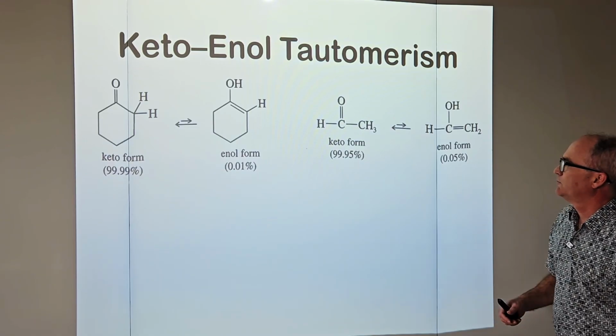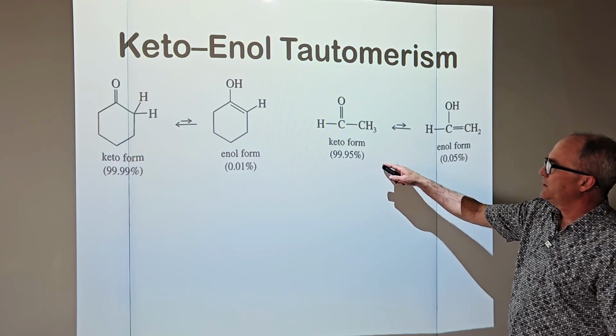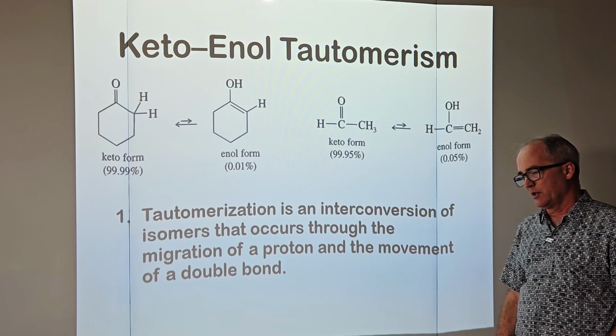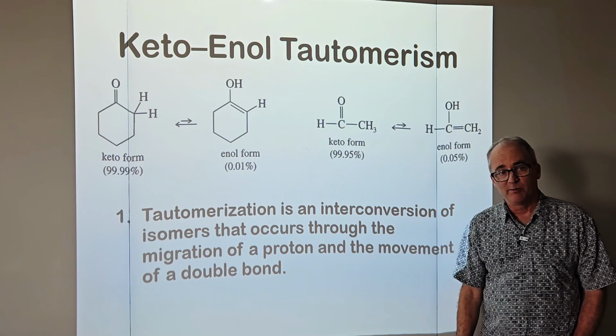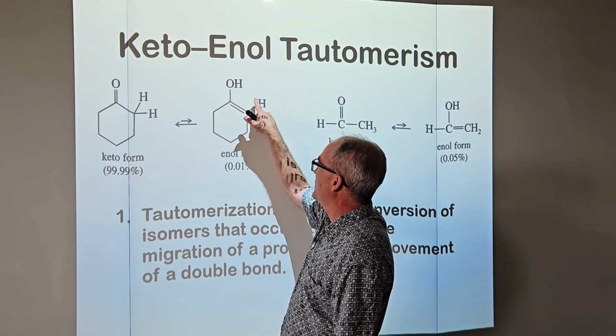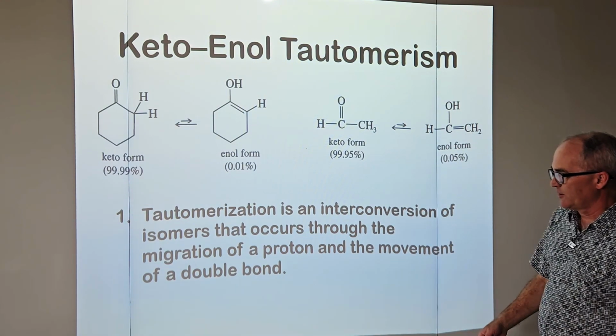Acetaldehyde here, or ethanol, a little better, but still favors the keto form. Tautomerization is an interconversion of isomers that occurs through the migration of a proton and the movement of a double bond. So if you remember back in the fall, we saw that this hydrogen doesn't move down here. It's typically a hydrogen in the solvent, but it doesn't really matter.